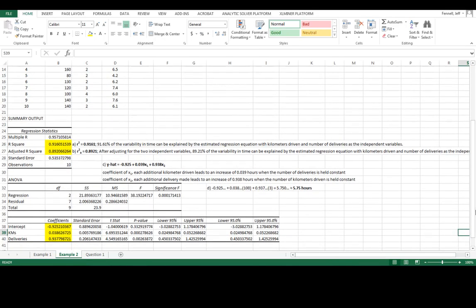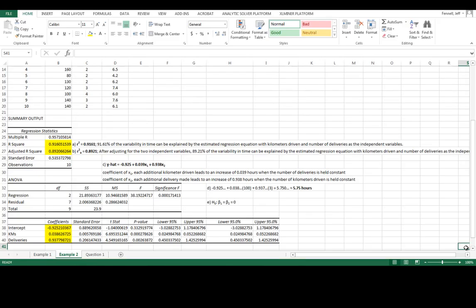So remember, what we're always trying to determine is always about the slopes. If the slopes are all 0, then there is no relationship whatsoever in this model. If any of those slopes, or all of the slopes, are not 0, then there is a relationship. So the way we express our null and our alternate hypothesis for an F test is we have a null hypothesis that every slope is 0.